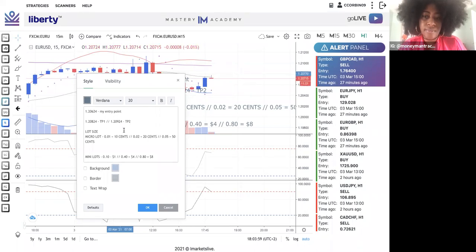Yep, it would be $6 because we're doing 30 cents times 20 pips, $6. Nah, Jackie, you only need one equation. You need your lot size value times your pips. That's all you need. Lot size value times pips.